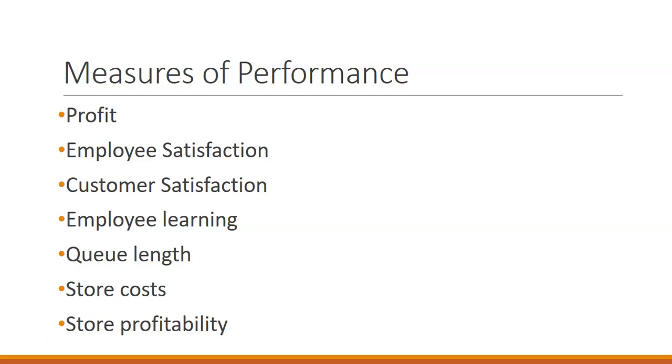But then we also look at non-financial goals such as employee satisfaction, customer satisfaction, the learning and training and development programs for our employees, how our employees are growing in their skills and development, queue length, so that goes back to customer service. How long do our customers wait for service? How long do they stand in a line or a queue before they get served? And then what are our different location costs and profitabilities? Then we get into that responsibility management where each location has its own costs and potential profitability.